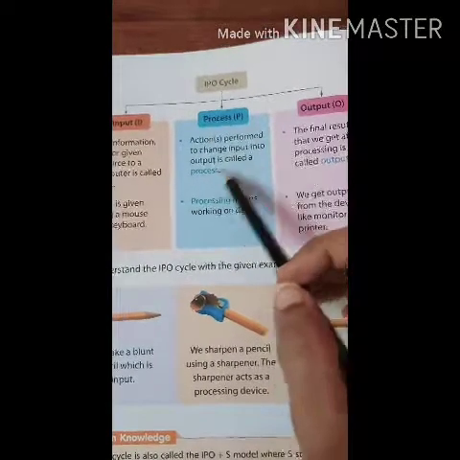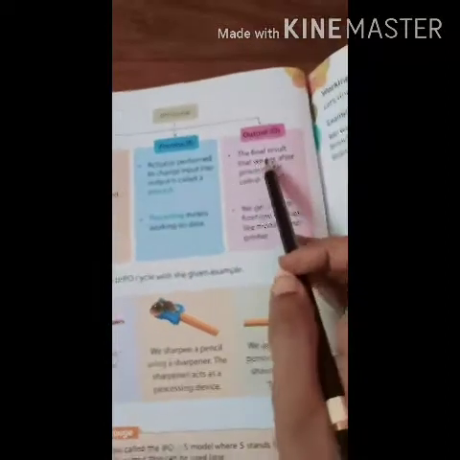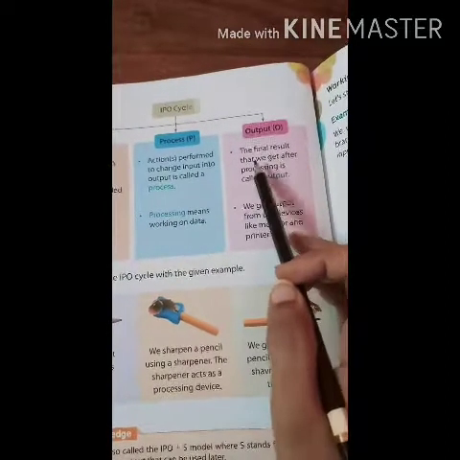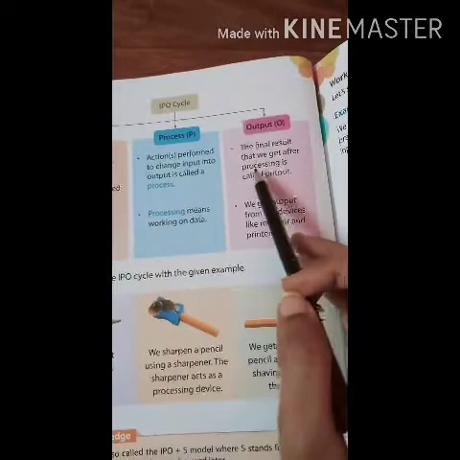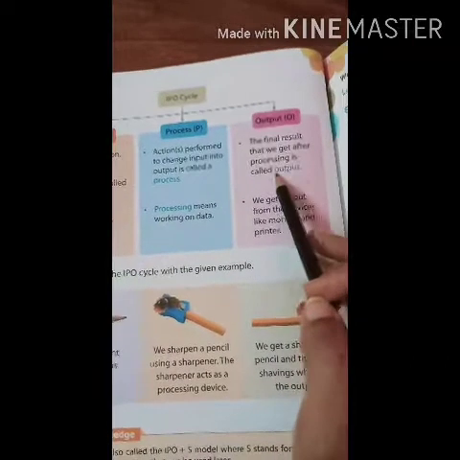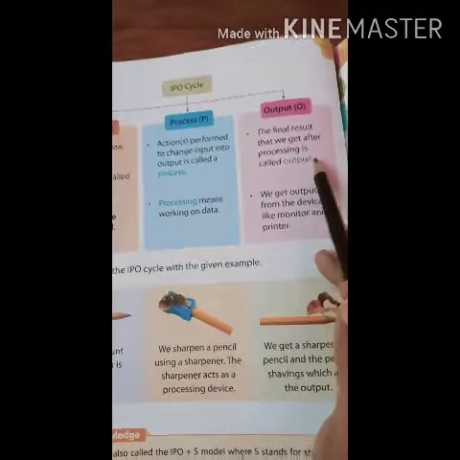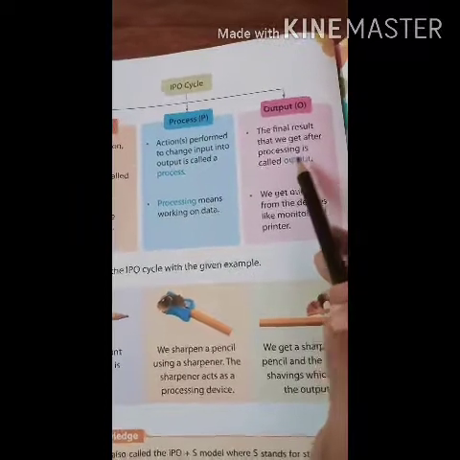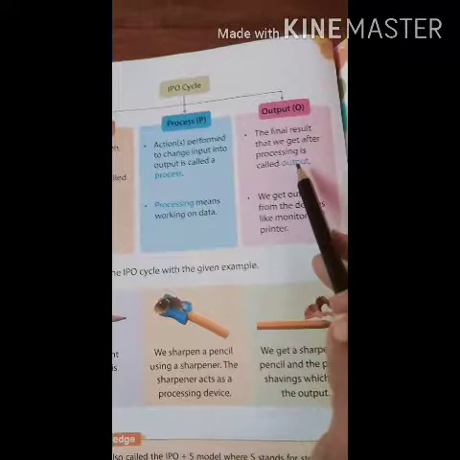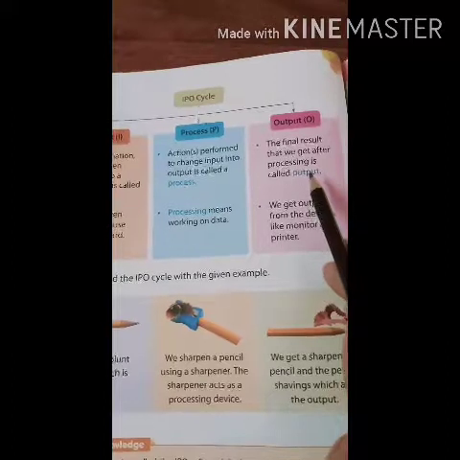And the final result that we get after processing is called the output. और लास्ट में हमको क्या मिलता है? रिजल्ट, एंड फाइनल रिजल्ट इज कॉल्ड द output.